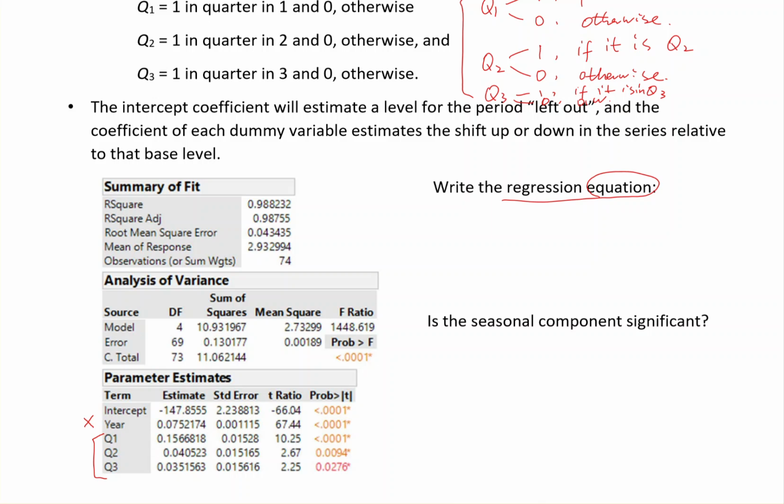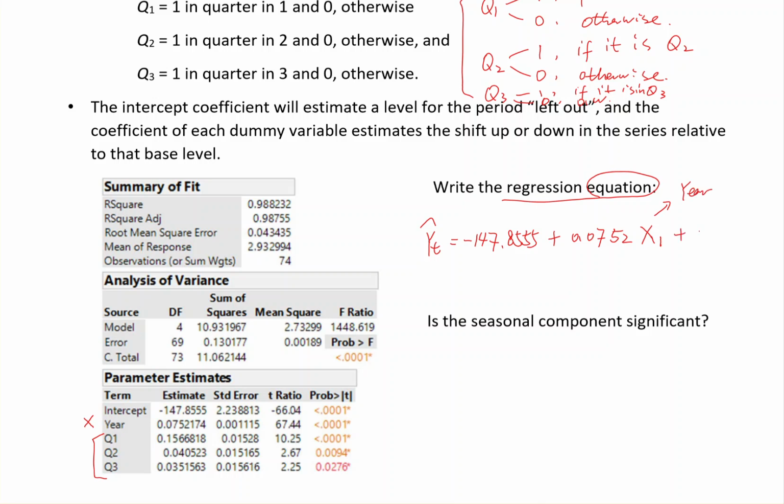When we talk about the equation, we look for the detailed value for each coefficient, right? So we have y_t hat equals b0, which is negative 147.8555, plus 0.0752, which is about the year. We call it x1, right?